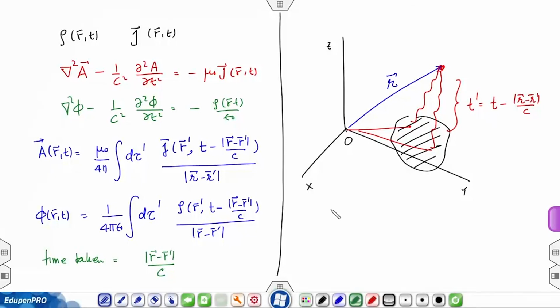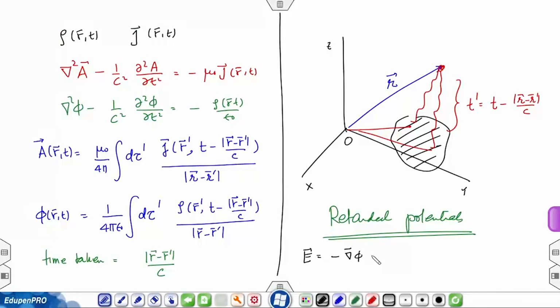These are known as retarded potentials. And then you can calculate from this the E field, which is minus grad phi minus dA dt, and the B field, which is curl of A, which we will be doing in coming lectures.